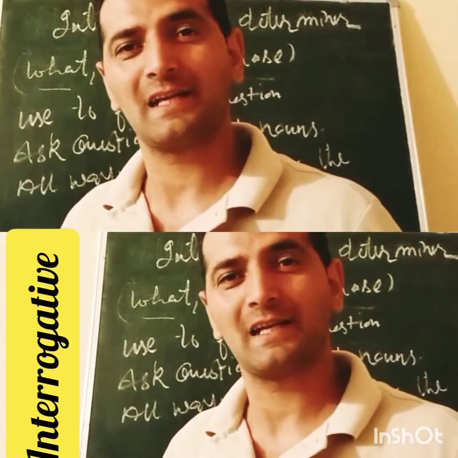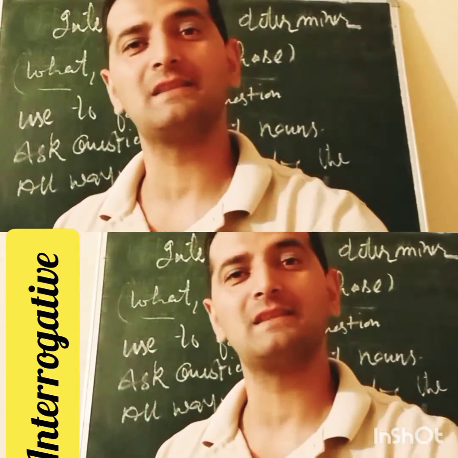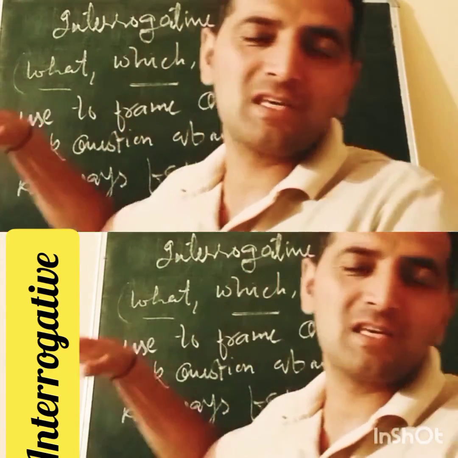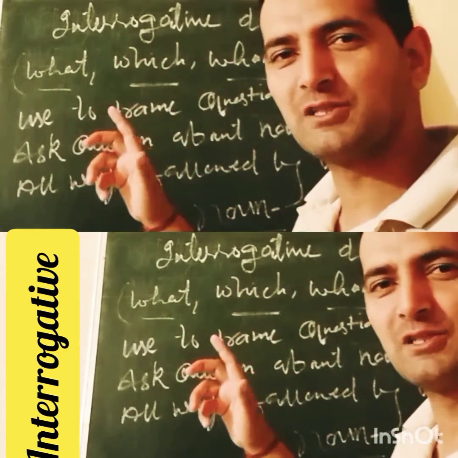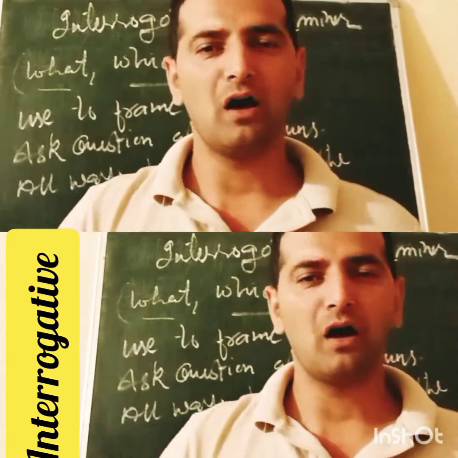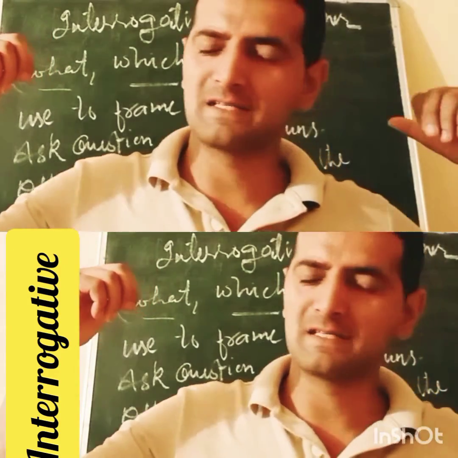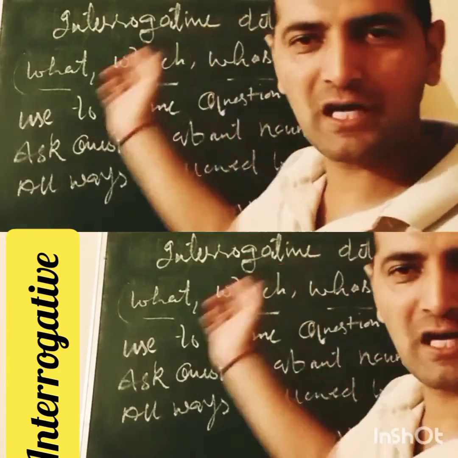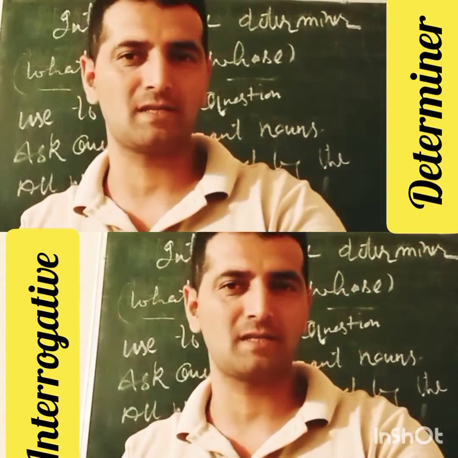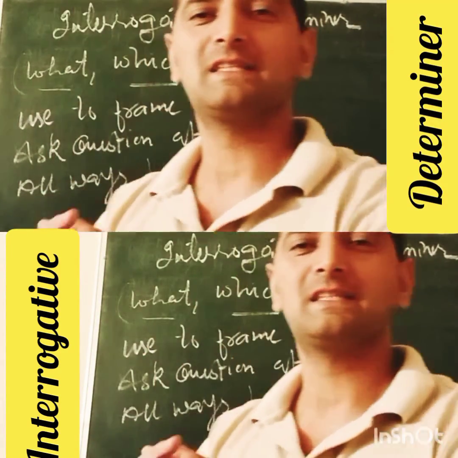The new one is not exactly new, and we are on the same topic, which is the determiner. You can see over here, although my blackboard is very small and maybe not visible to you, it is just behind me: interrogative determiner. Today we are going to discuss the interrogatives.